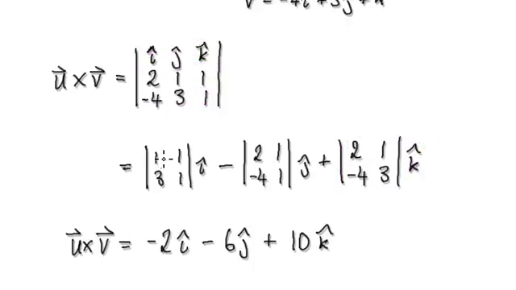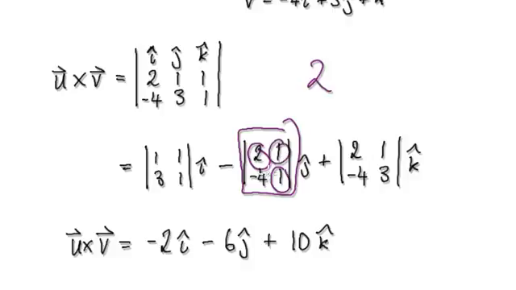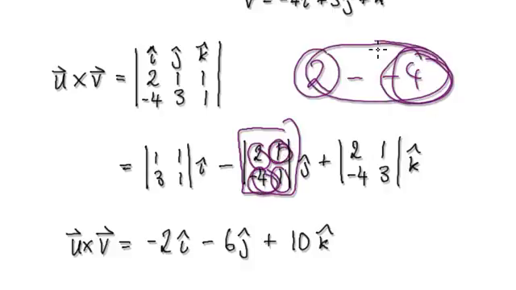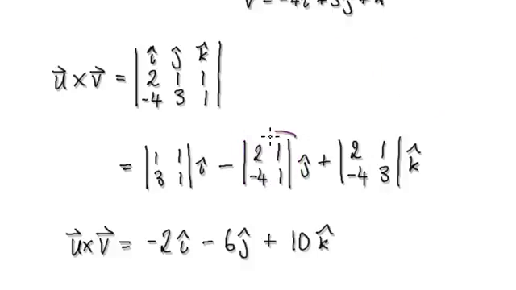Now for the determinant, it will be this times this, and then take away this times this. That would give you this. Then looking at this, it will be this times this, and then take away this times this. This times this will be negative 4, so this plus this will be 6. So this whole block here will be a positive 6. But then you've got a minus.